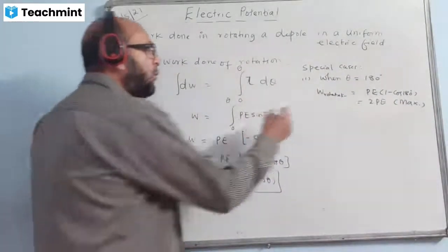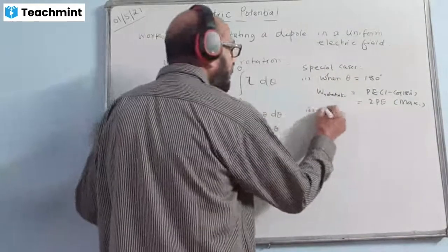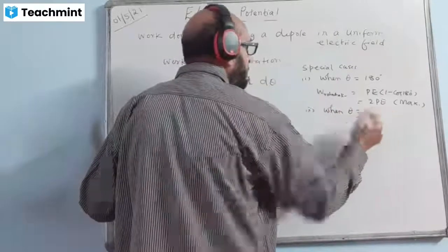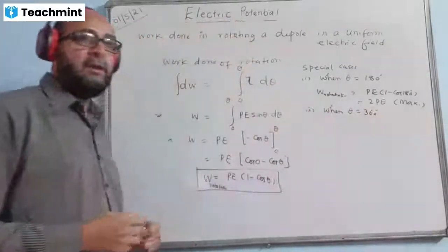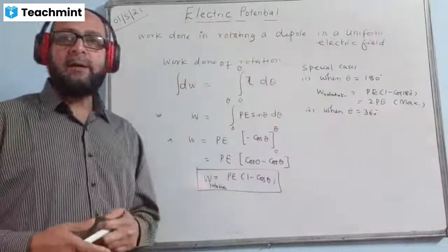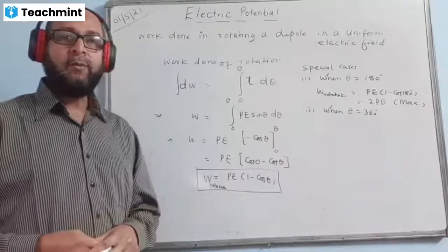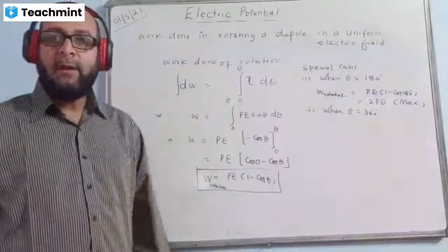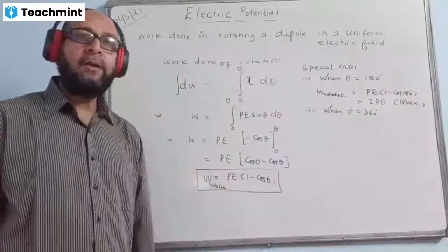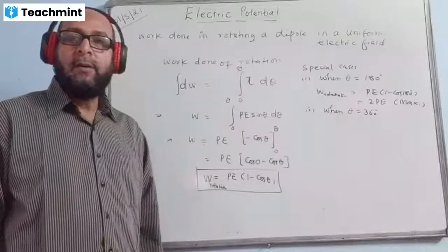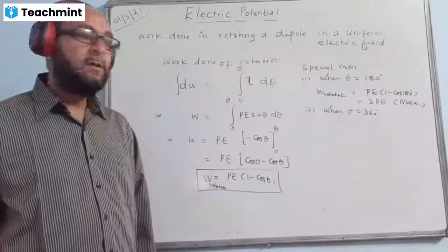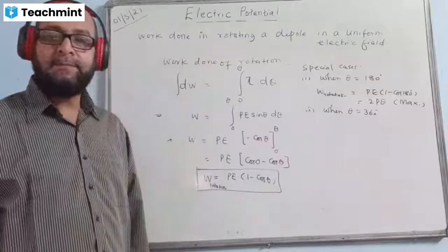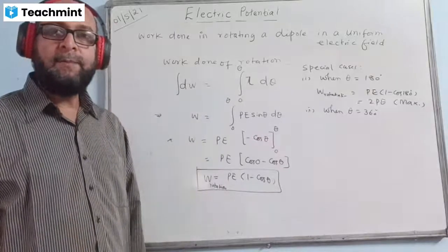Now case 2. When theta is equal to 360 degree. That means we are turning a dipole from 0 degree to 360 degree. That is one complete rotation. How much is the work done in rotating a dipole when it completes one complete circle?